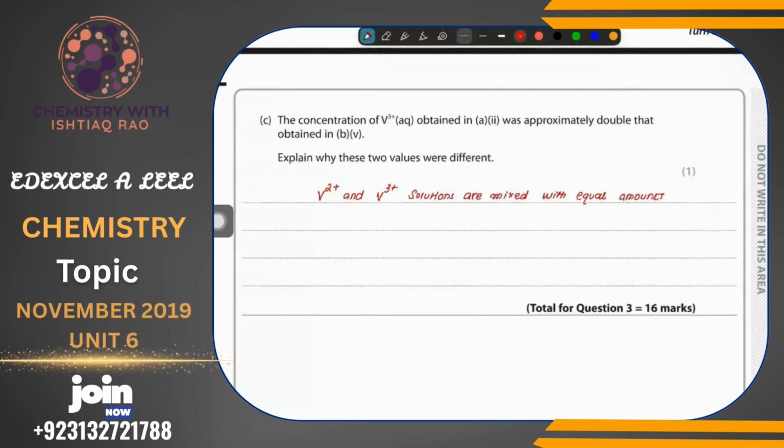Equal amounts means that the volume is doubled, so the concentration becomes lower.